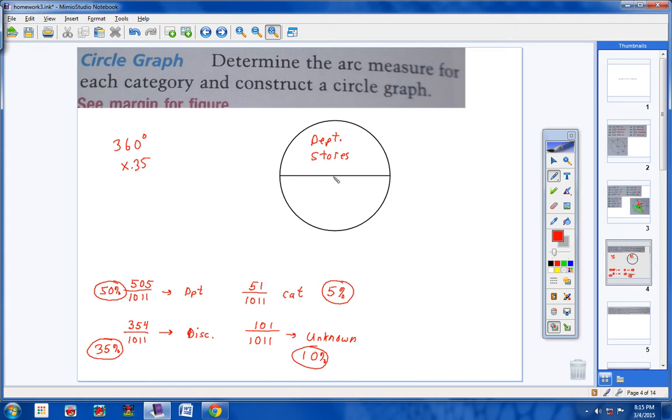So, I know this is 90. Cut that in half. Right there, I know that's 45, that's 135. That's a little too much, so I'm going to back it off a little bit. I'm just estimating, guys. You're welcome to estimate. It's fine. I'm going to back it off to about right there. And I'm personally going to call that about 120.